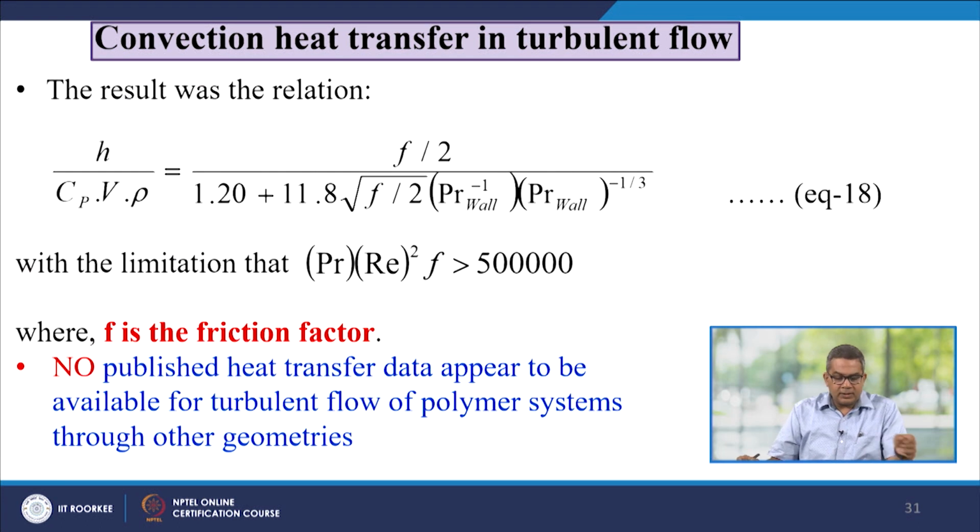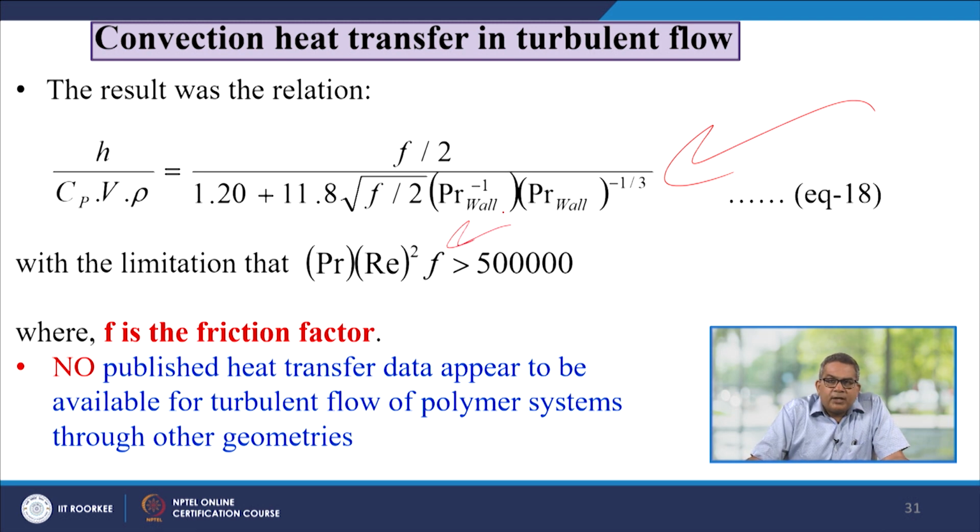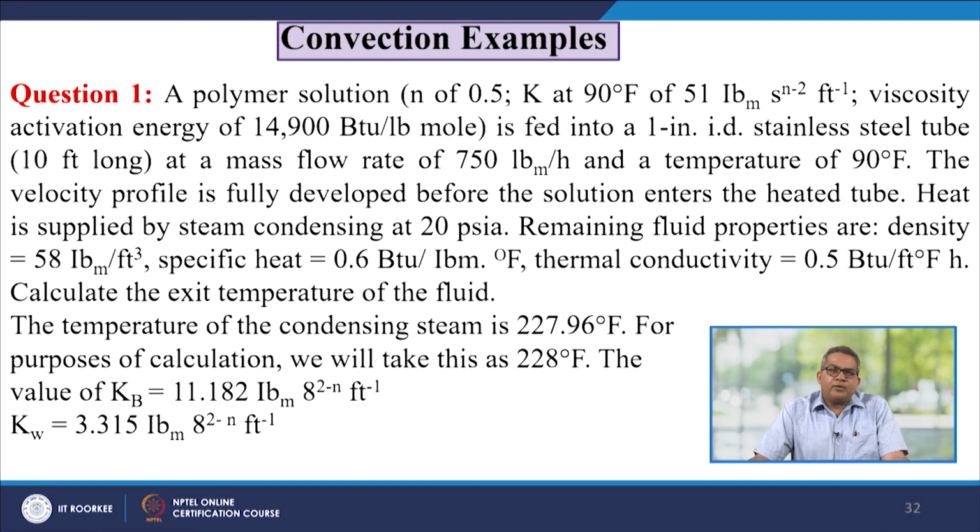So, this result can be represented as equation number 18, with the limitation that Prandtl number into Reynolds number square F is greater than 5 lakhs, where F is the friction factor, and no published heat transfer data appear to be available for turbulent flow of polymeric systems through other geometries.